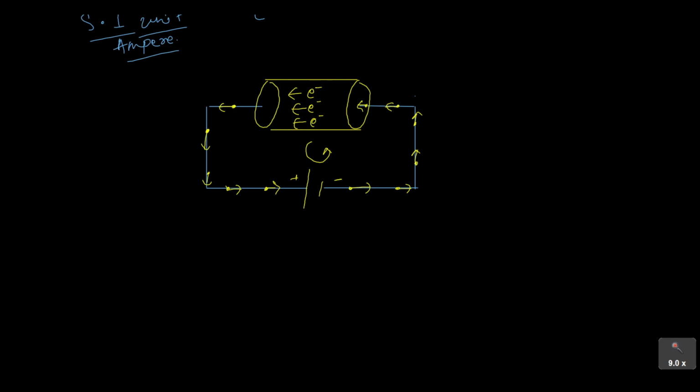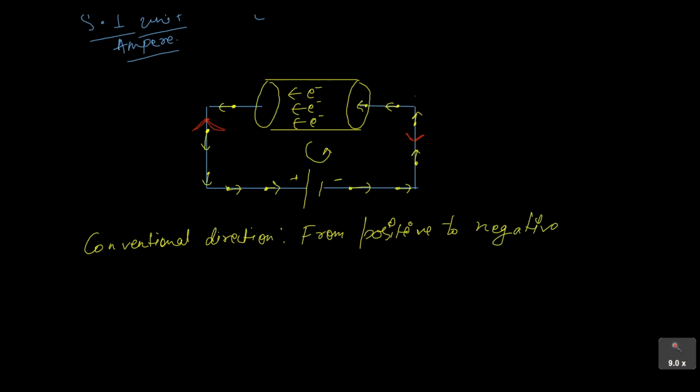But the conventional direction of current is taken opposite to the direction of the electrons. If the electrons go from negative to positive, the current direction is always considered from the positive terminal to the negative terminal. So here you can write: conventional direction from positive to negative terminal.